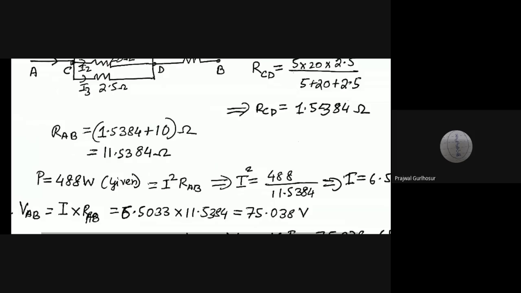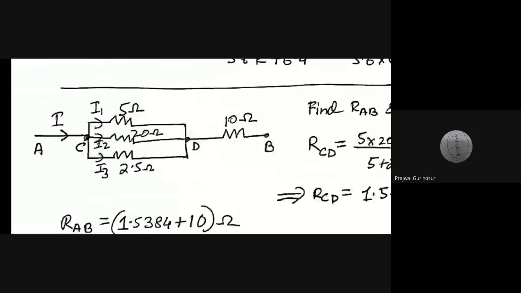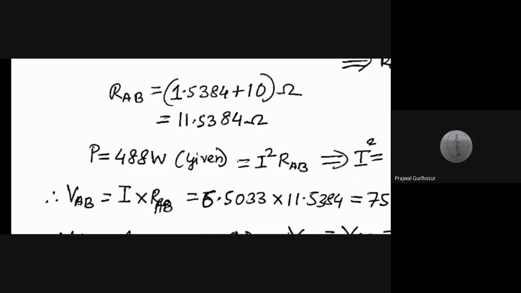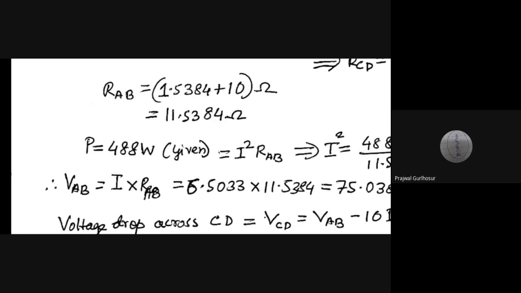the total current. Now the branch currents, I1, I2, I3. You have found the value of I. Now you have to find I1, I2, I3. But how will you find them? Now we will go to the voltage formula.